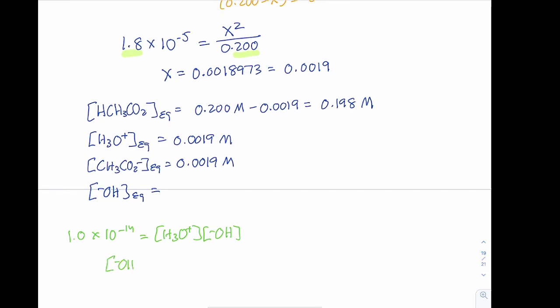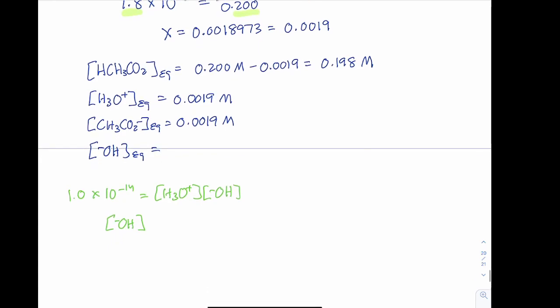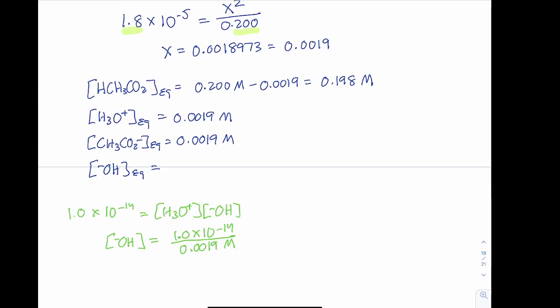So hydroxide ion concentration, just typing into my calculator again. And for that, I got, for just 2 sig figs here, 5.3 times 10 to the negative 12th molar.